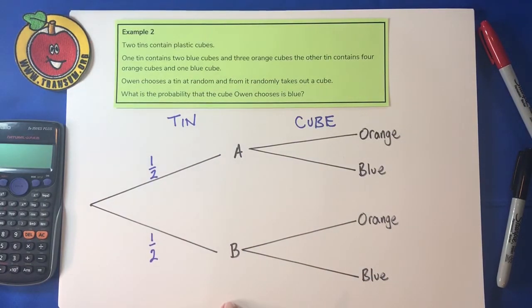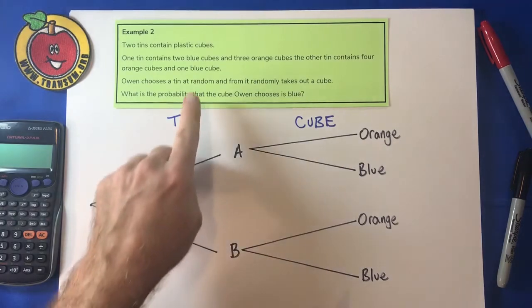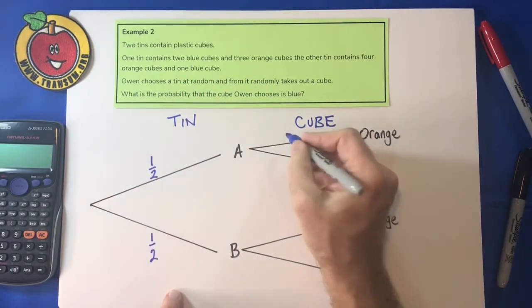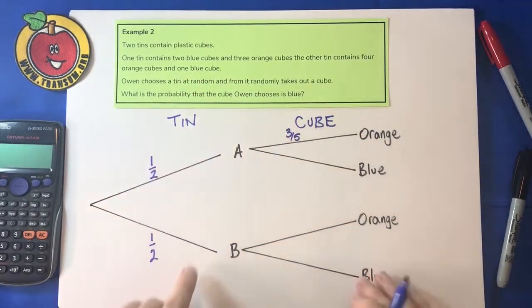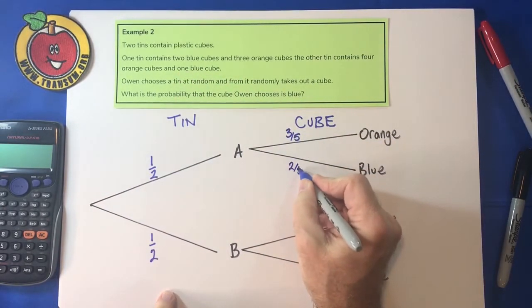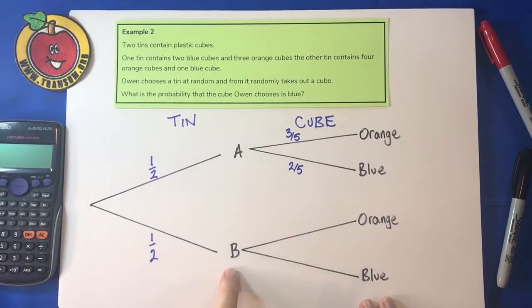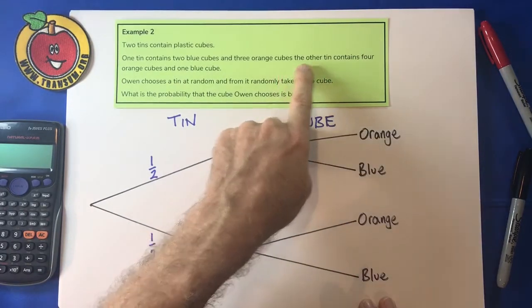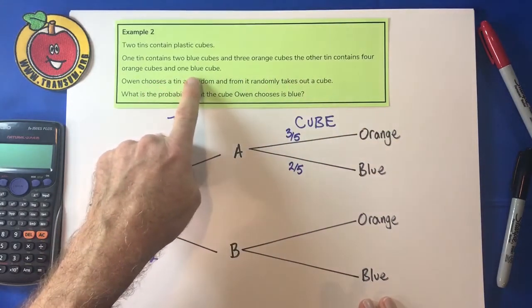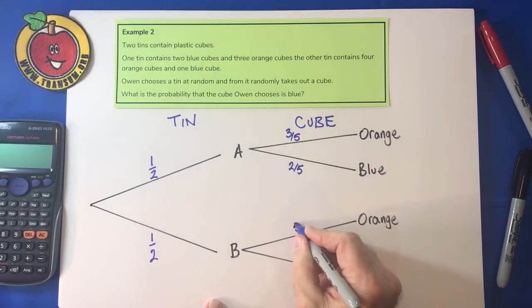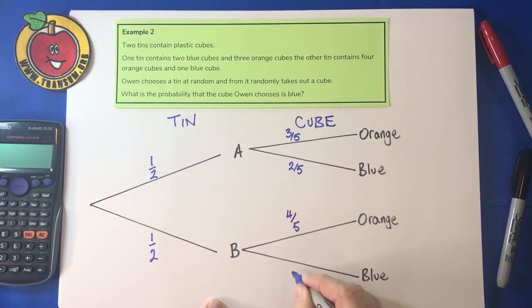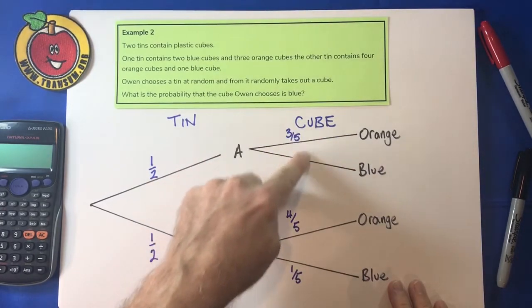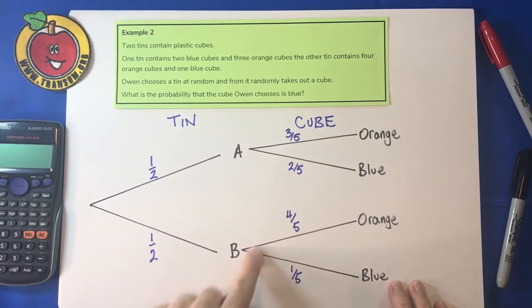So that's 5 cubes altogether. So the probability of choosing an orange cube will be 3/5, and the probability of choosing a blue cube will be 2/5. But if he chooses the second tin, we'll call it B, this contains 4 orange and 1 blue. So that again is 5 altogether. 4 of them are orange and 1 is blue. So those two fractions will add up to 1 and those two fractions will add up to 1.